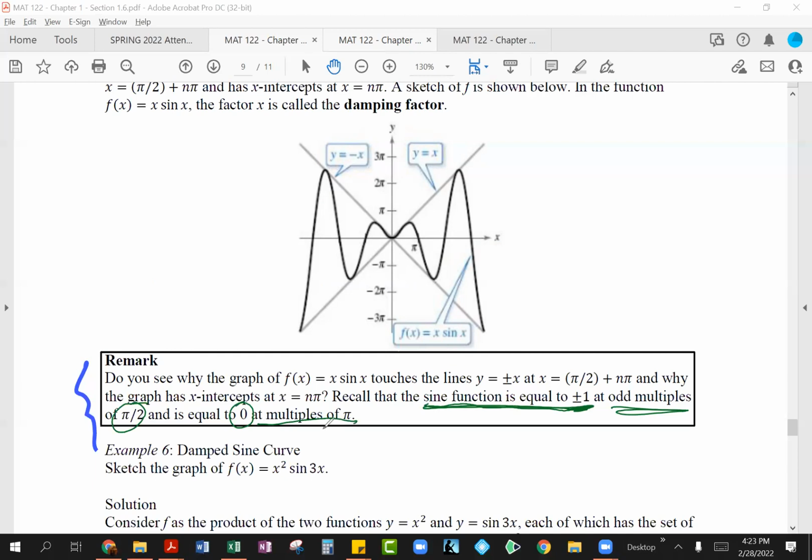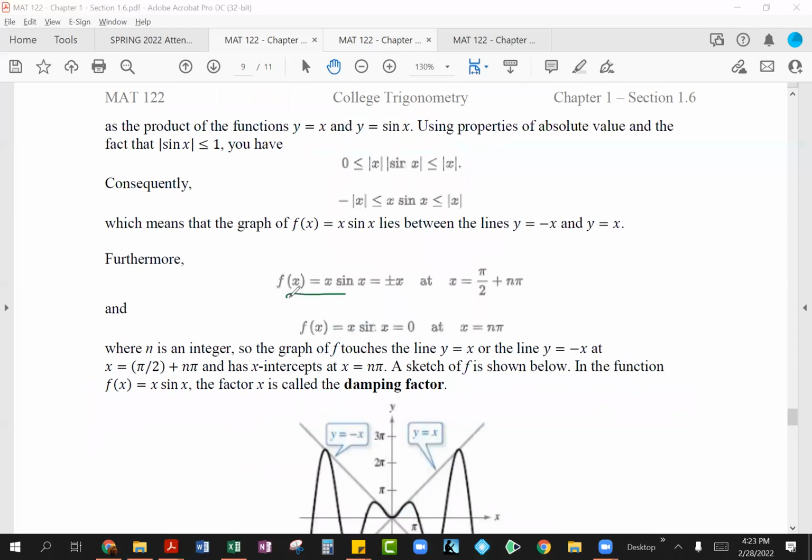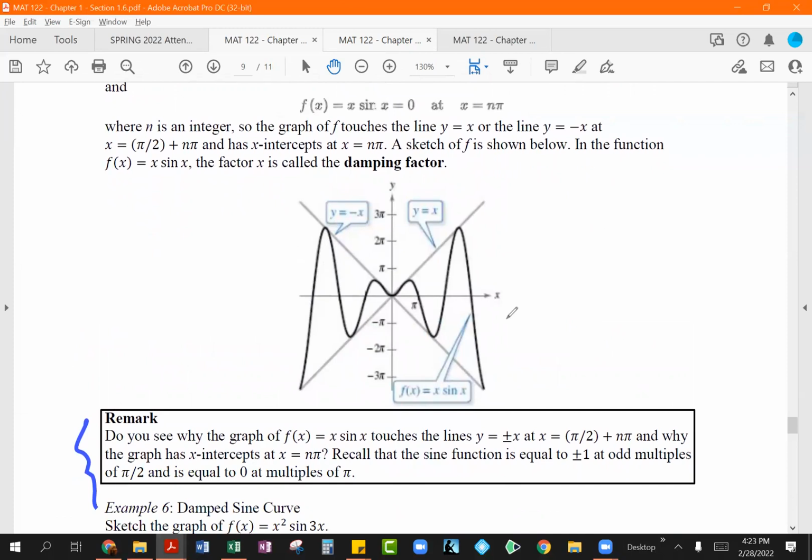So that same behavior translates to the x times sine of x function. So, again, the graphs of these damped functions are going to be based on properties of these individual functions. So what does the x function do and what does the sine of x function do? That's what this graph ends up looking like.